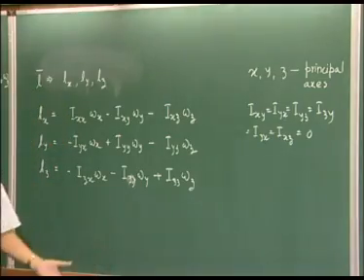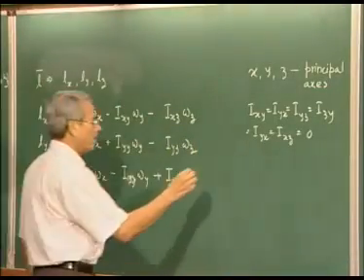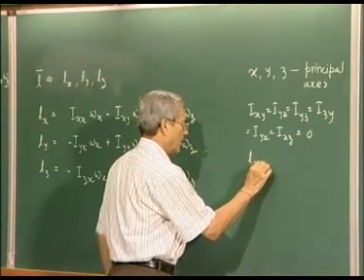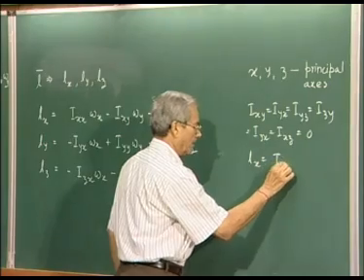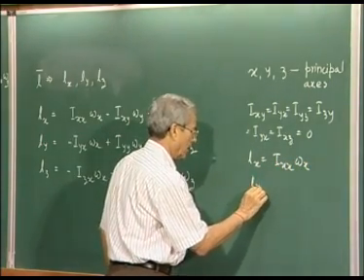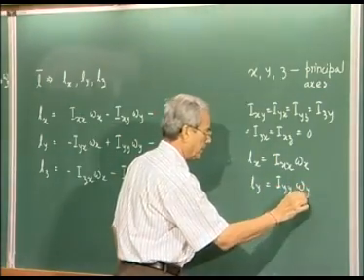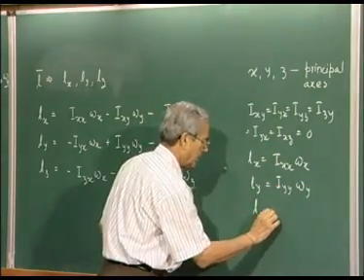So, all the products of inertia vanish. Therefore, the components of angular momentum of the rigid body Lx, Ly, Lz can be represented very simply in this form.